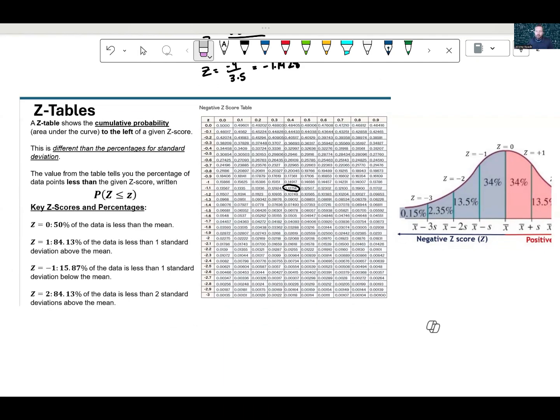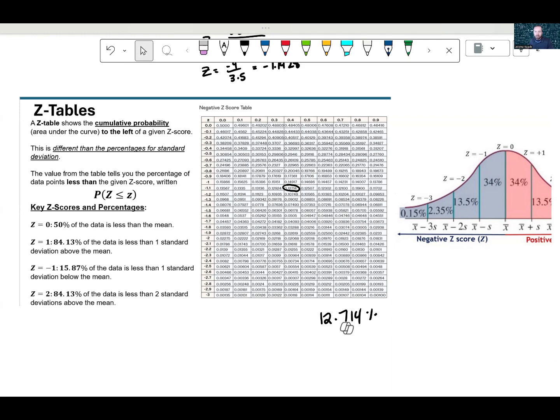And the z-score of negative 1.14 means that 12.714% of our data is below this value.